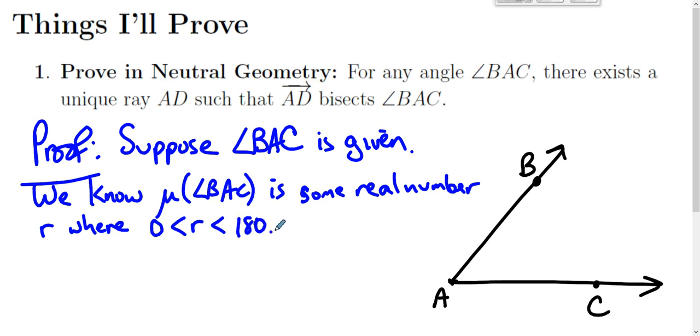Not much of an angle otherwise. We could say less than or equal to, and we could deal with the trivial case. Clearly, if R is 0, then AB and AC are the same, and the angle bisector AD is the ray AB, is the ray AC. So I'm going to deal with the non-trivial case where R is positive and less than 180.